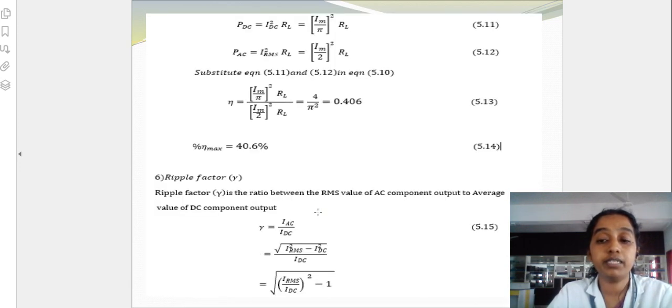We need to find the ripple factor. It is the ratio between the RMS value of the AC component of the output to the average value of the DC component.